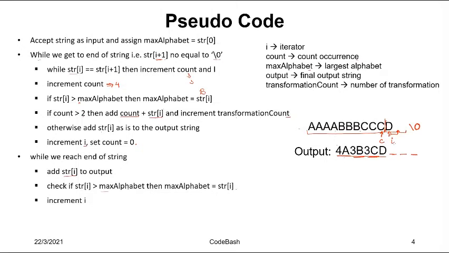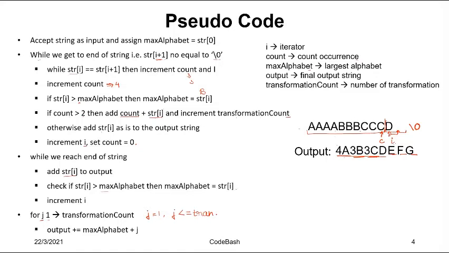To add those 3 characters, we go through another for loop with an iterator j from 1 till the transformation count, and this transformation count is inclusive. So basically the condition would be j equal to 1 and j less than or equal to the transformation count. Okay, so why 1?